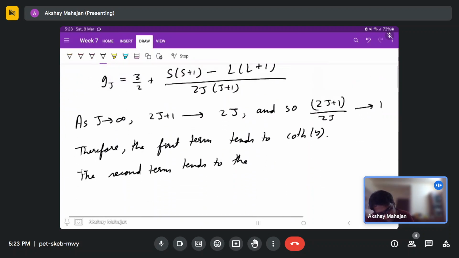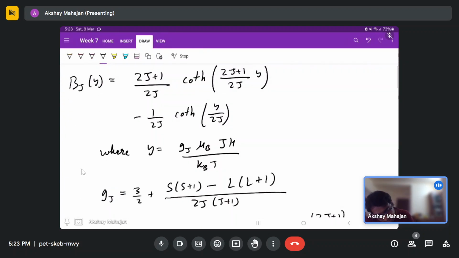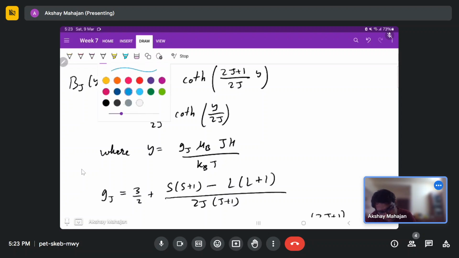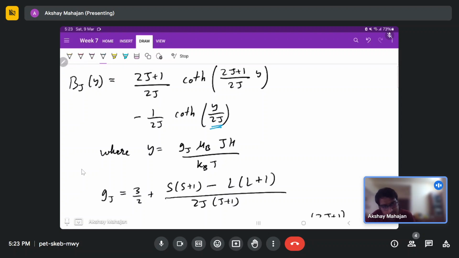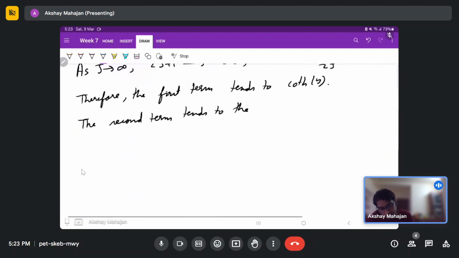And then the second term, we have coth of y upon 2j. So y upon 2j is going to be a very small number as j tends towards infinity. So the second term tends to the coth of a very small number.